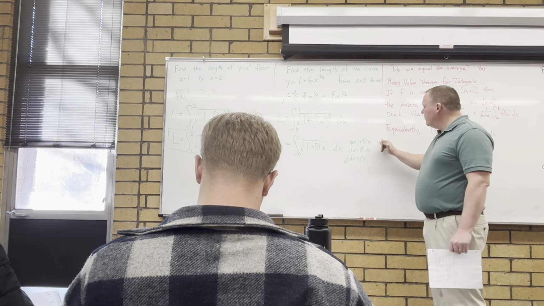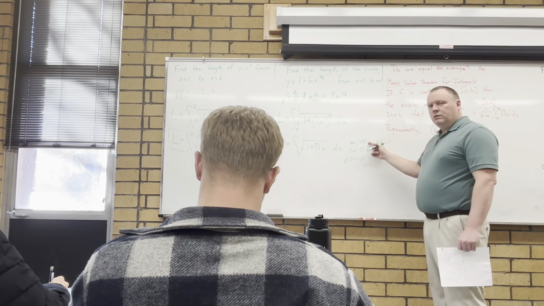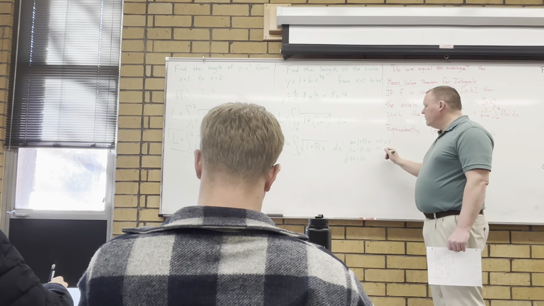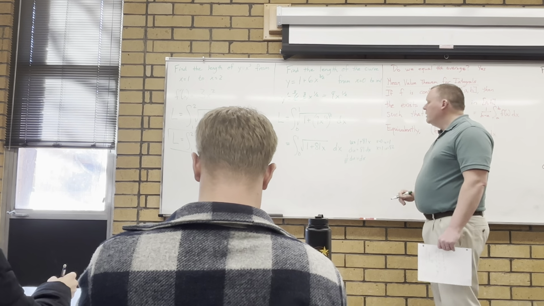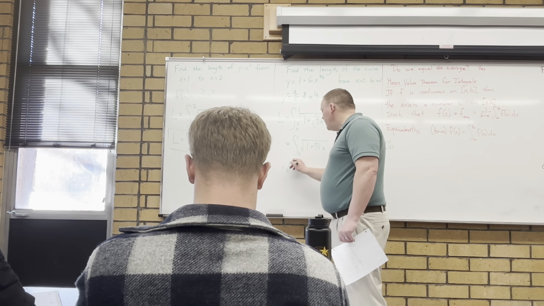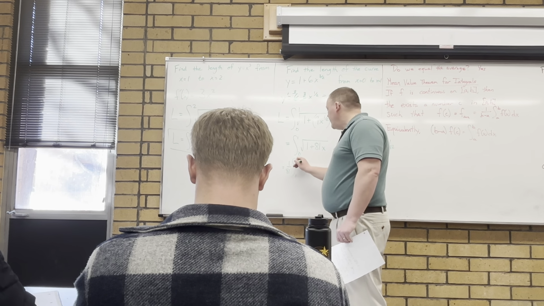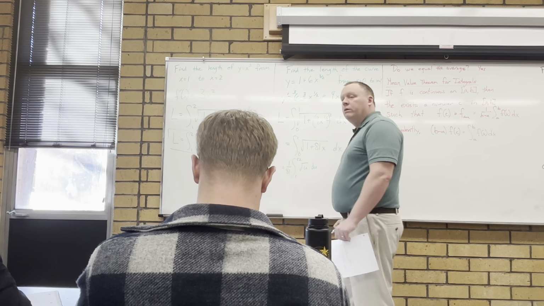So when x equals 0, u equals 1, because it zeroes out that. When x equals 1, u equals 82. So our new integral is going to be 1 over 81 times the integral from 1 to 82 of the square root of u du.